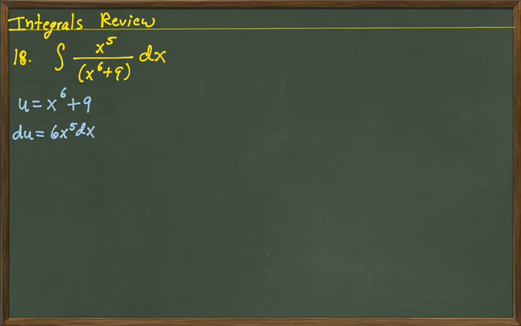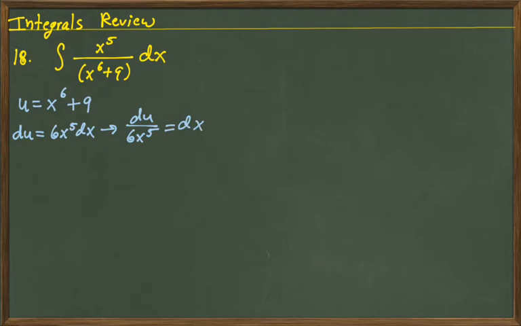Now there are a variety of different ways people do the U substitution. What I've noticed in the videos associated with homework problems and also in the textbook is that generally they solve for dx. So if we solve for dx, we have du over 6x to the 5th is equal to dx.